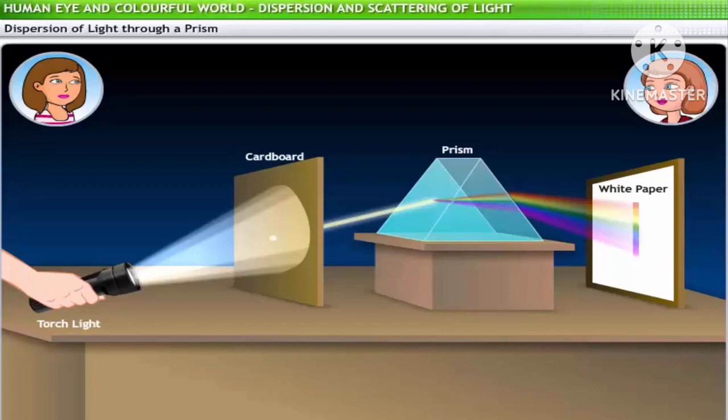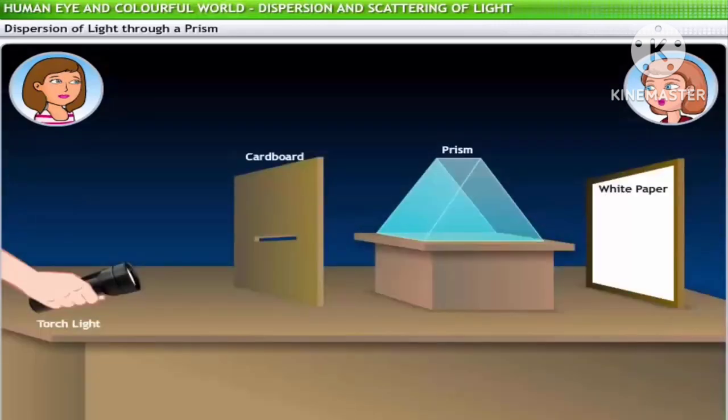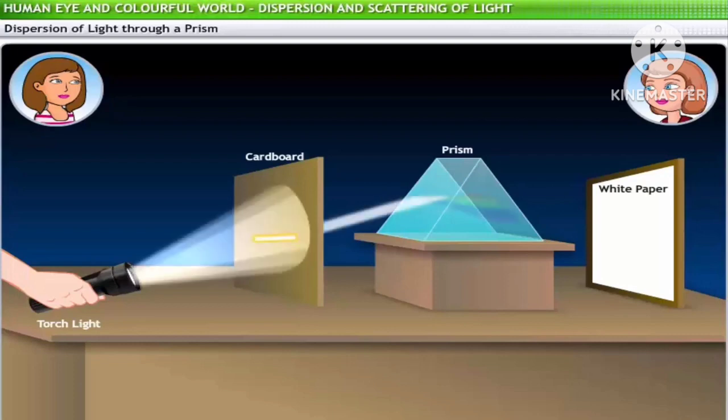Don't worry. We can create bands too. Suppose you replace the cardboard having a small pinhole with a cardboard having a horizontal slit, that is, an extended light source. The vertical strip of colors you just saw expands to bring out bands of colors similar to a rainbow.